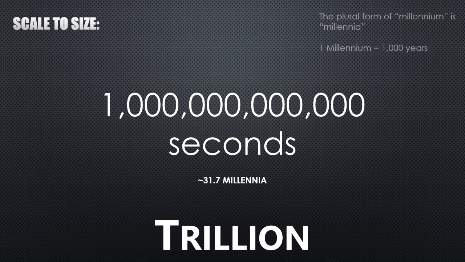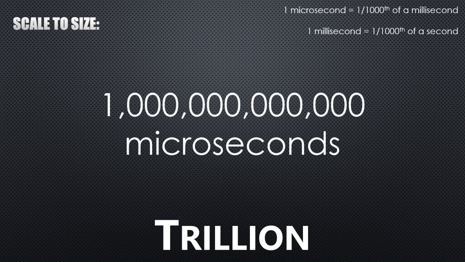The plural form of millennium is millennia. 1 millennium is 1,000 years. In other words, 31.7 millennia is 31,680 years approximately. What? 31 years to 31.68 thousand years? That is extremely long.